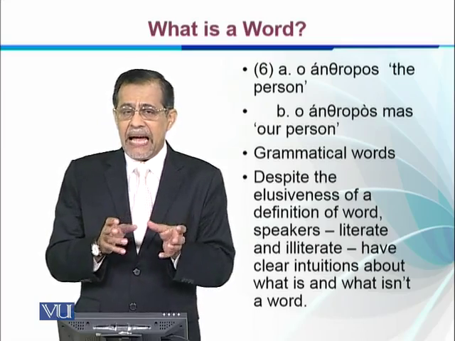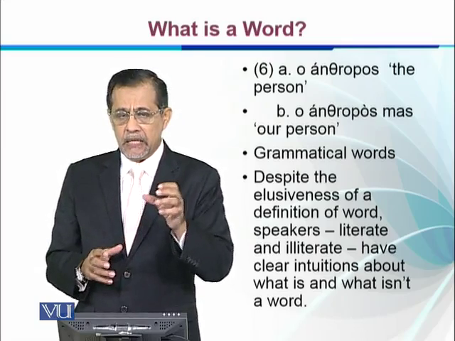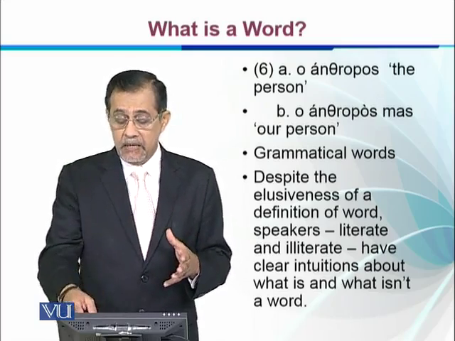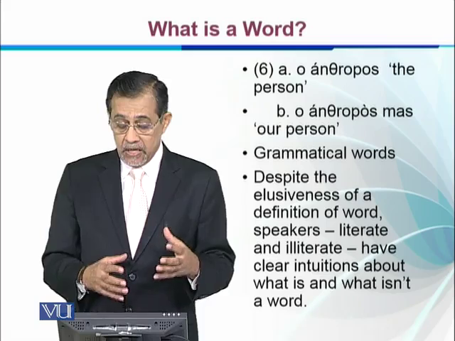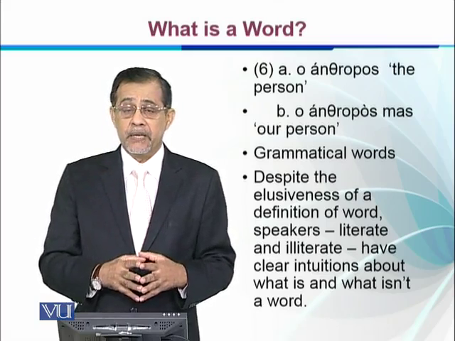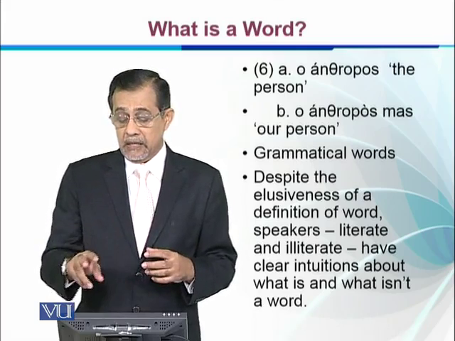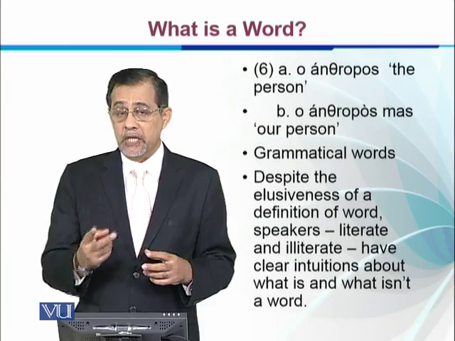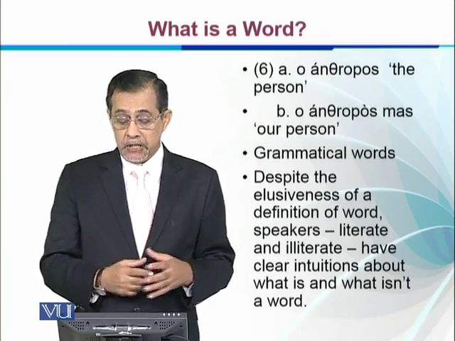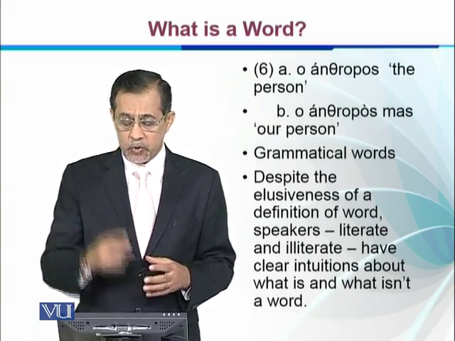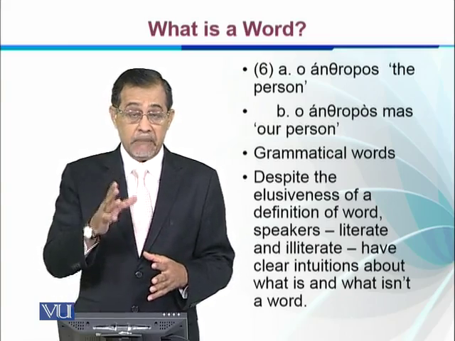But when we add in modern Greek the genitive case, which is 'of' in English, O anthropos, the stress changes. It means that these two have one stress. So in the first case, A, there was one word which had one stress, main stress, primary stress.